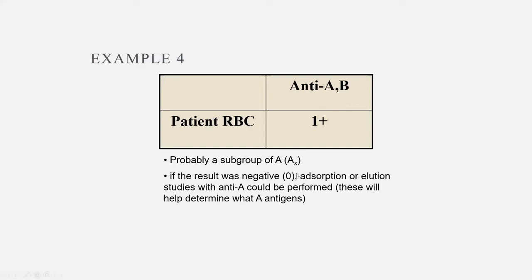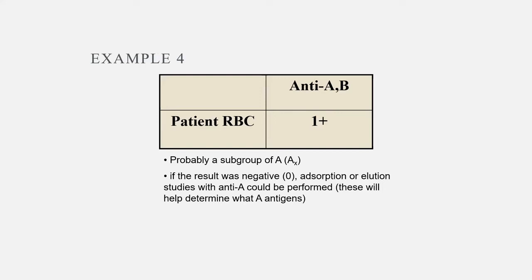So AX is a subgroup that will react very weakly. Sometimes it'll react with anti-A,B, sometimes it will not. Some of the very, very weak subgroups, you have to absorb and elute to actually get reactions.